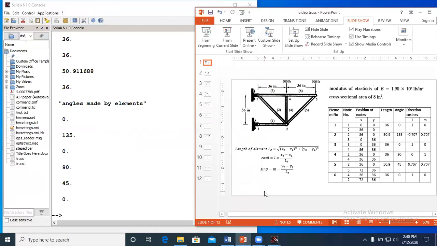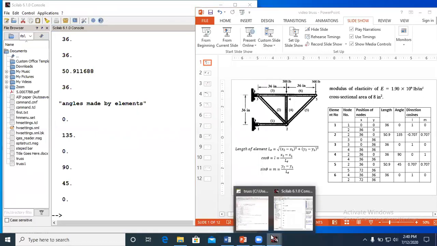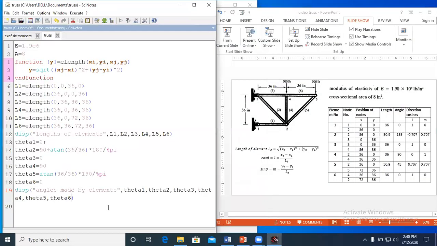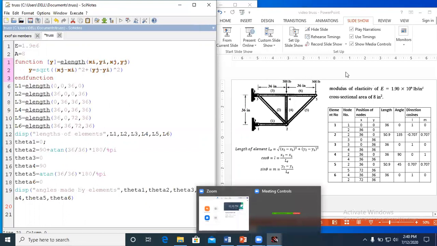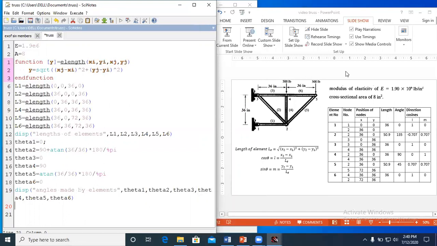Now after defining these angles, you have to calculate the stiffness matrix. For calculation of the stiffness matrix, we need to repeat the same procedure 6 times. If you want to repeat the same procedure 6 times, you have to define a function. Now I will define the function.